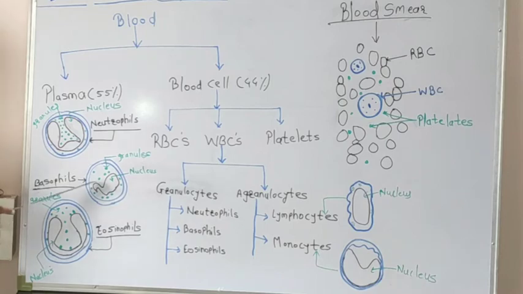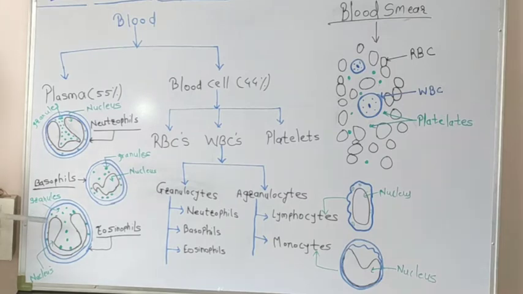So that's why these granules will stain blue. When you observe under the microscope and the granules have a blue color, then it will be a basophil. These basophils are also called cyanophils.